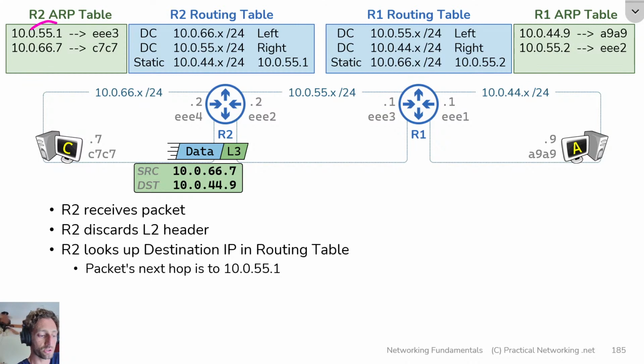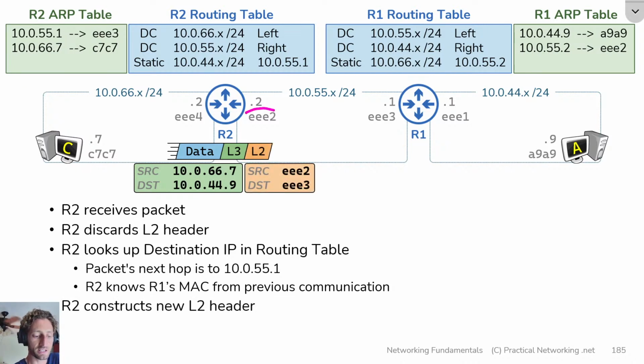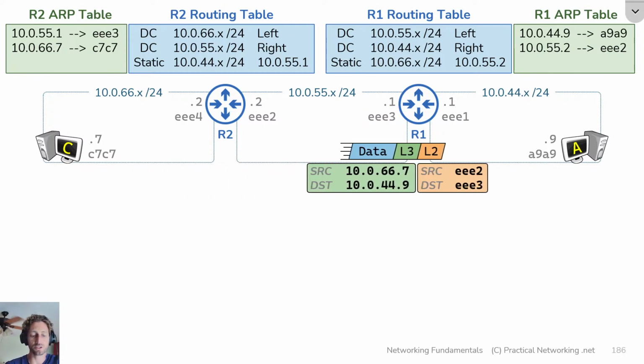And then R2 is going to look at its ARP table and realize it does know the MAC address for R1. And so it can create the layer 2 header necessary that's going to take the packet from EEE2 all the way to EEE3. That is how the packet is going to be sent to R1.